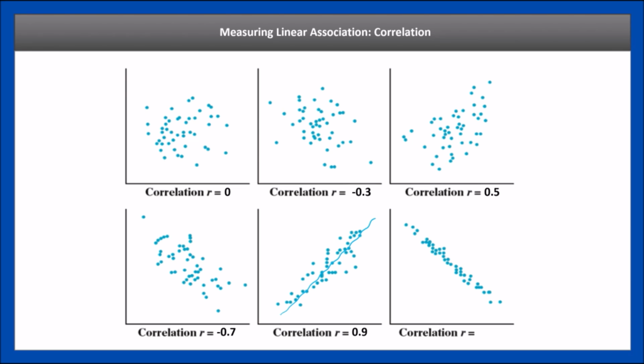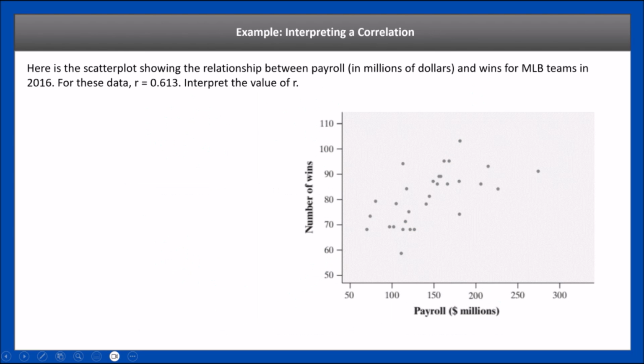It's going to be about 0.9. And then finally, the last one is a negative association. Look how tightly the points follow that line: negative 0.99, very close to a perfect linear relationship. So hopefully that gives you an example of each of the correlations.